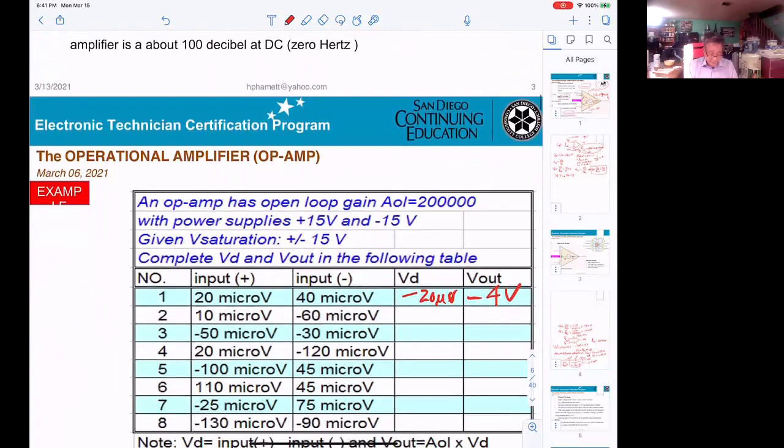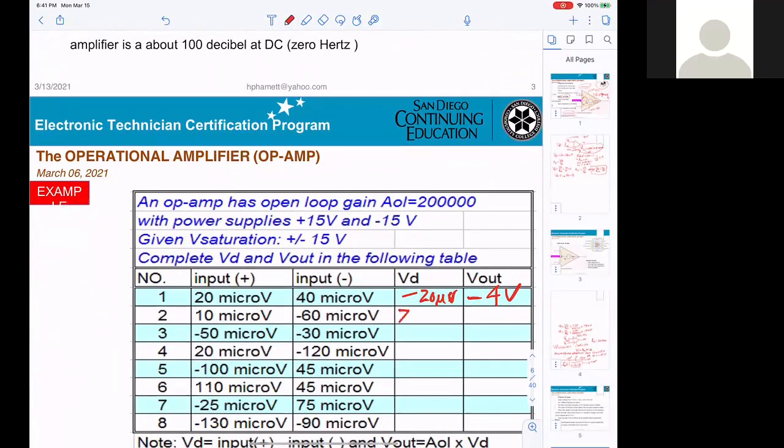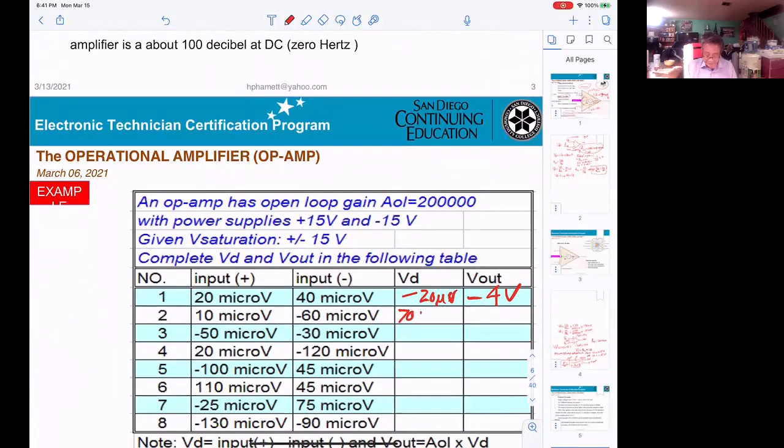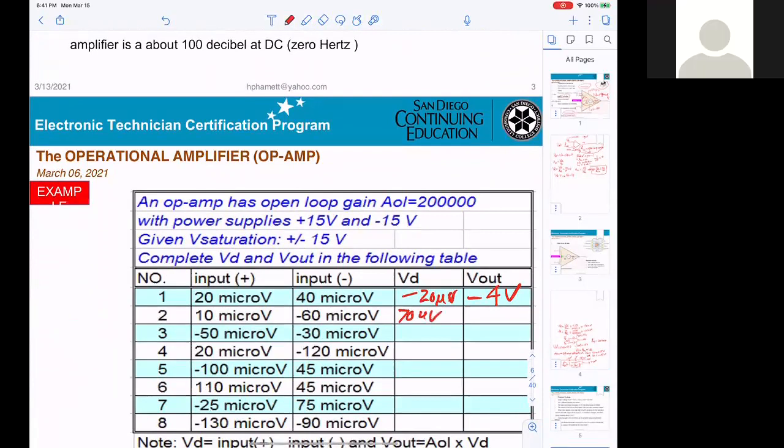Okay. Number two, what VD? Is that 70? Yes, 70 micro. Okay, what V out?